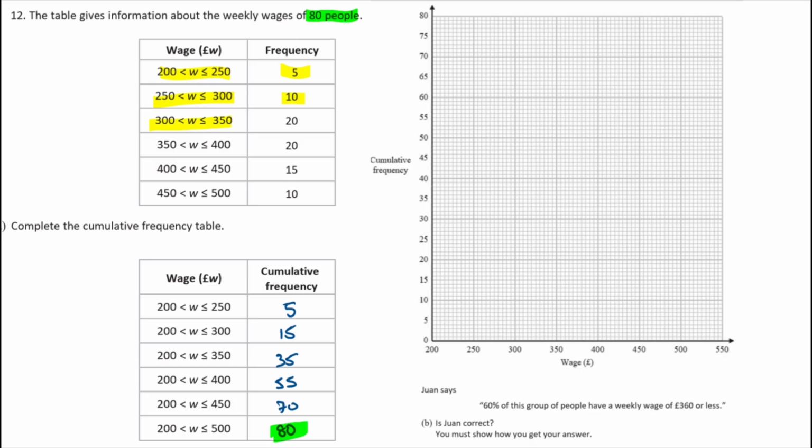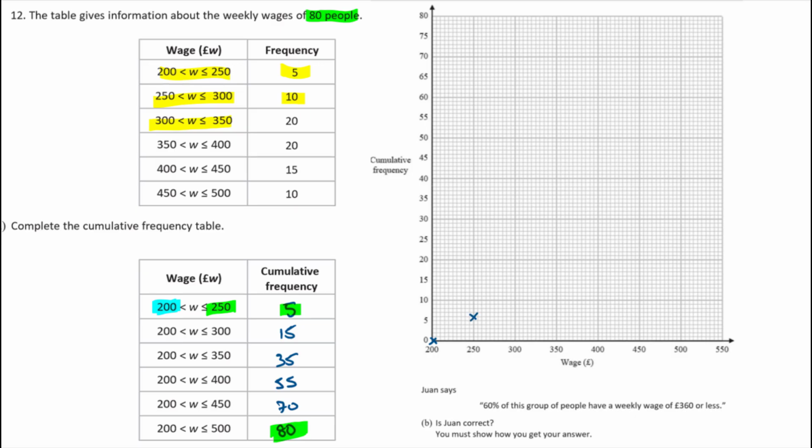Now when you're plotting the cumulative frequency curve, you are plotting upper class bound against cumulative frequency, not lower class or middle. Okay, so my first point, actually I can put one bonus point on. I can put 0 at the lower class bound of the first point. So I'm going to put like a cross at 0 at 200, because I've got nothing below 200. So then my next point is going to be at 250 at a height of 5.